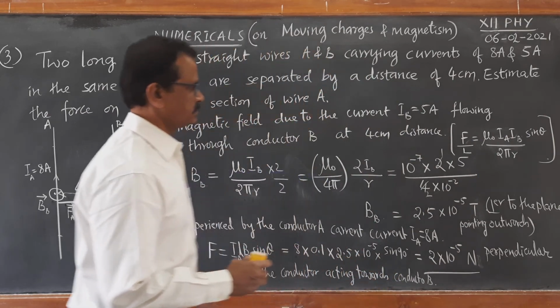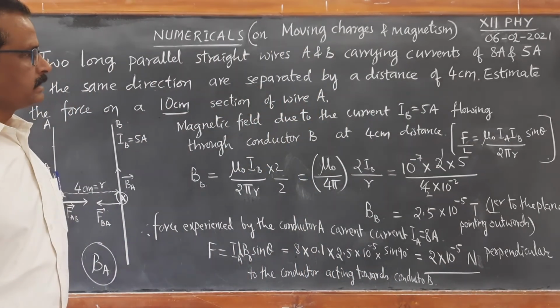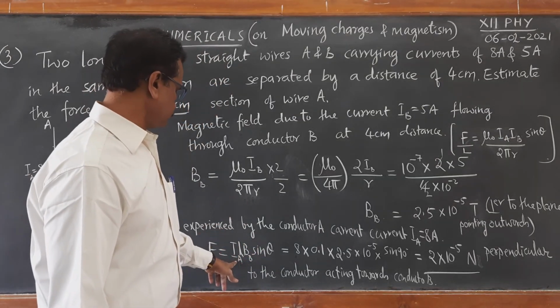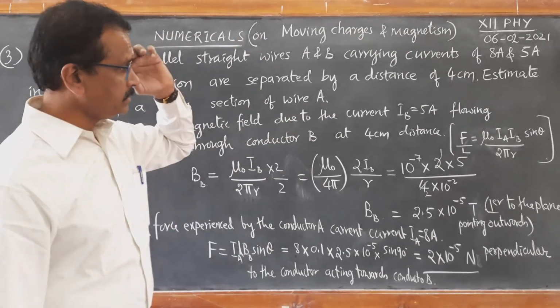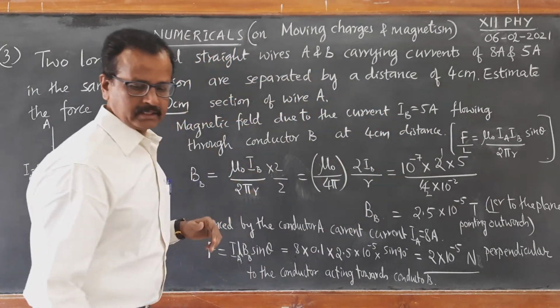This is how we get it. If theta is 90 degree, then we will get mu naught Ia Ib upon 2 pi r. So this is how we get the result.